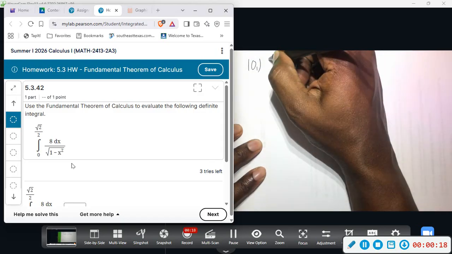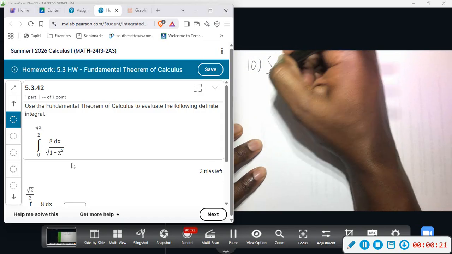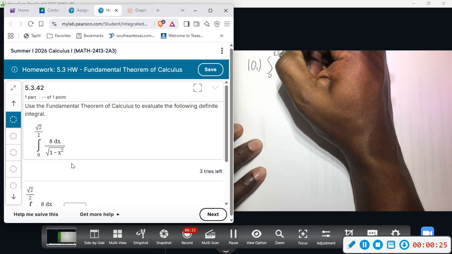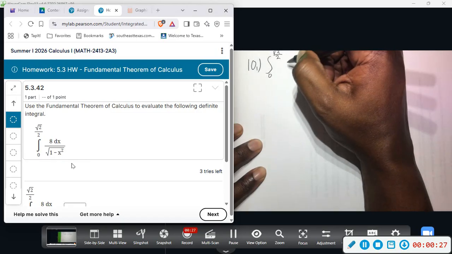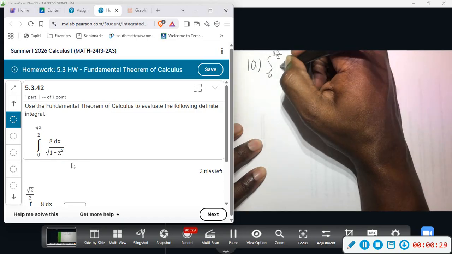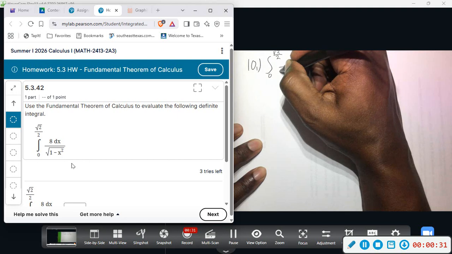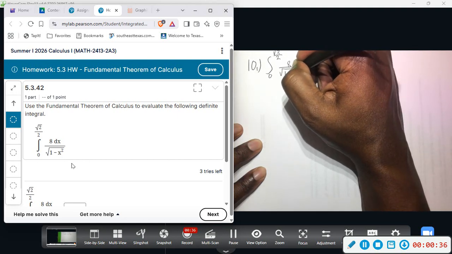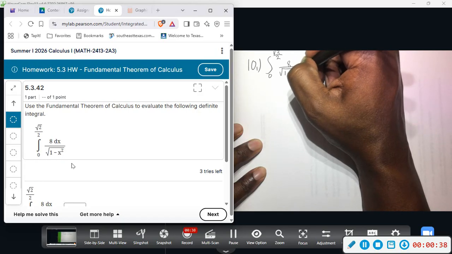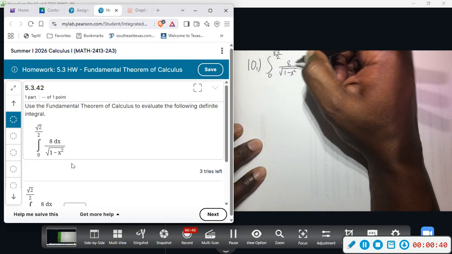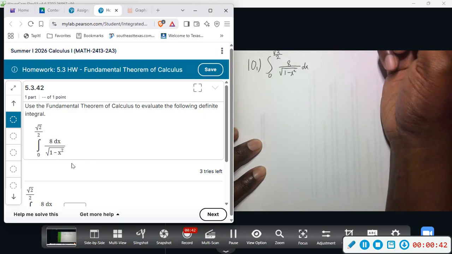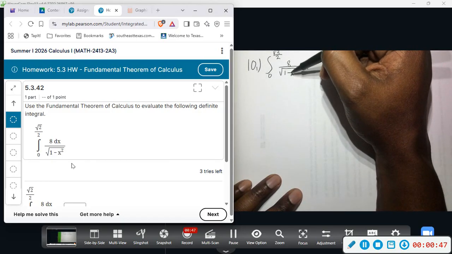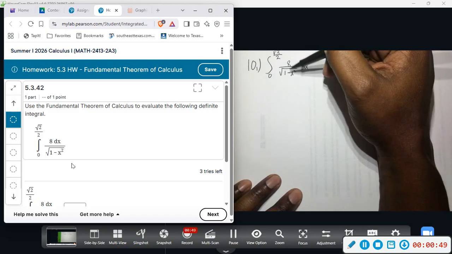We are looking to integrate from 0 to square root of 2 over 2, 8 over the square root of 1 minus x squared, and they put the dx on top, but I'll just put it at the back, dx. Now, usually when I see something like this with a rational function, something in the denominator, I'm going to look for a trig function.